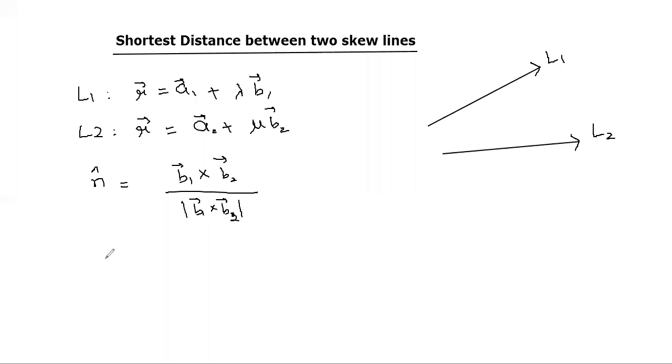Now, the vector a2 minus a1 is a vector along these two lines. So the shortest distance between these two lines is the dot product of the vector along these two lines with the normal vector.